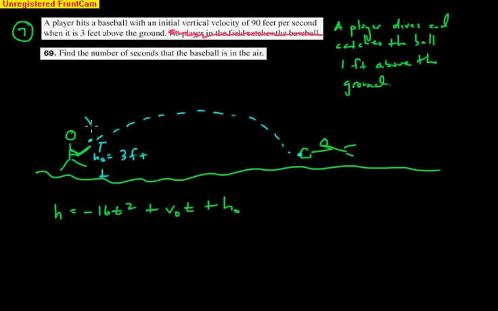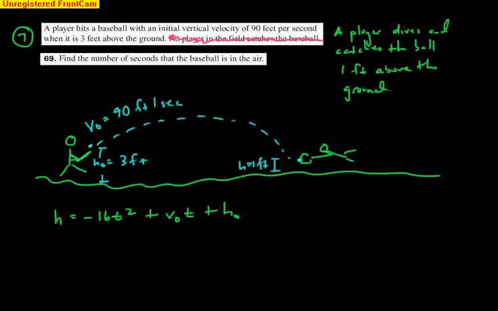That's where he hits the ball from. He hits it with an initial velocity v sub 0 of 90 feet per second. And when the guy catches it, the final height is 1 foot. And the question is, how long was the ball in the air for? So we need to fill in this information.